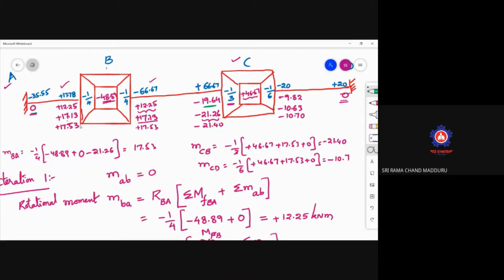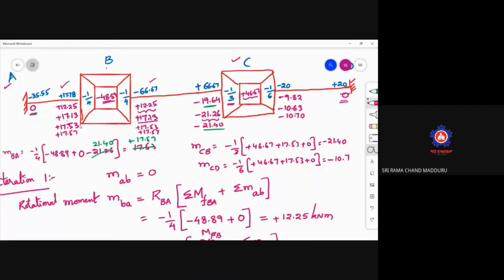The far end is minus 21.40, so just change it to 21.40. And what is the value here? 17.57. So this will be plus 17.57. This is also plus 17.57.